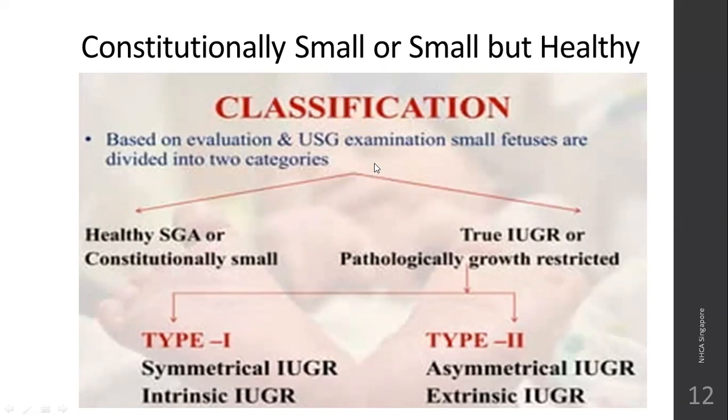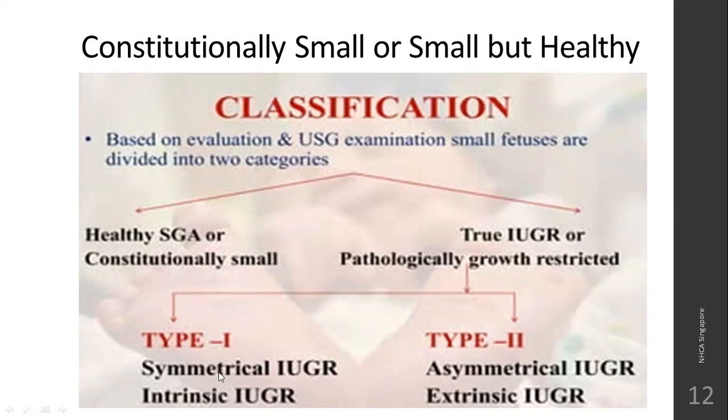It is divided into two categories: healthy small for gestational age or constitutionally small baby, and true intrauterine growth restricted baby. They have intrauterine growth restriction, which is pathological. They will have higher mortality and morbidity chances. But healthy small for gestational age or constitutionally small babies, comparatively, will not have much morbidity or mortality.